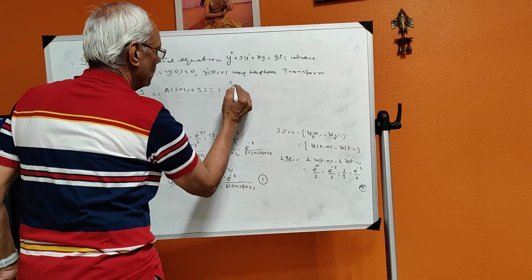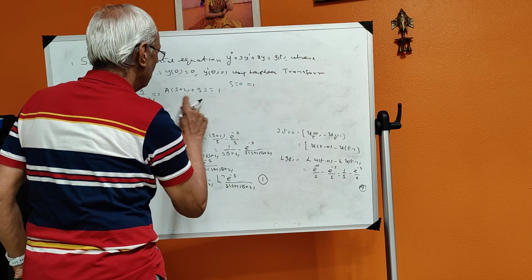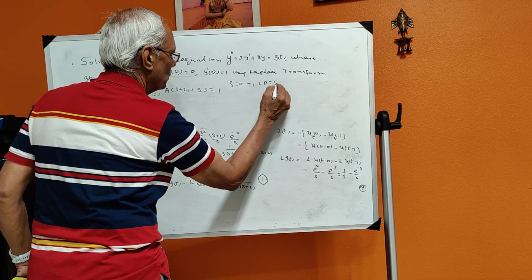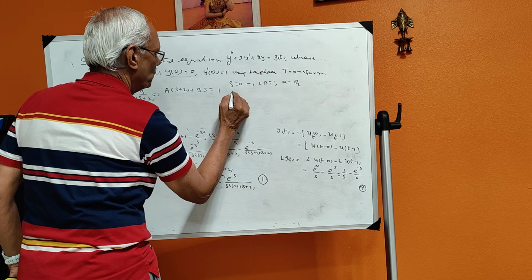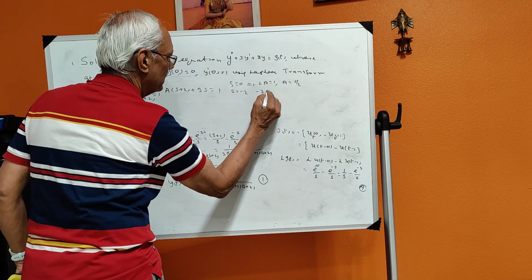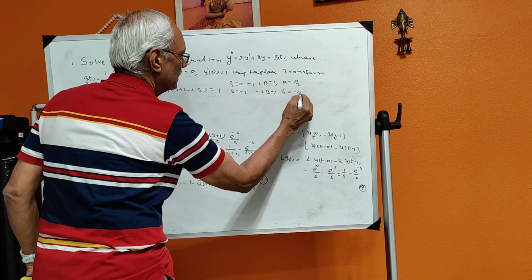Put s is equal to 0, this is 0, this is 0. So you get 2a is equal to 1, a is equal to half. So s is equal to minus 2, this will be 0. So minus 2b is equal to 1. So b is equal to minus half.